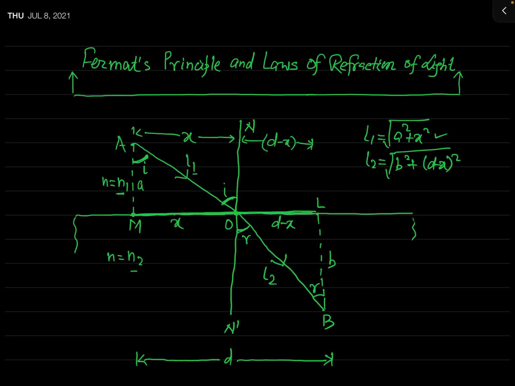So x over root over a square plus x square is simply sin i. And similarly, (d minus x) over L2, where L2 is root over b square plus (d minus x) whole square, will be simply equal to sin r.